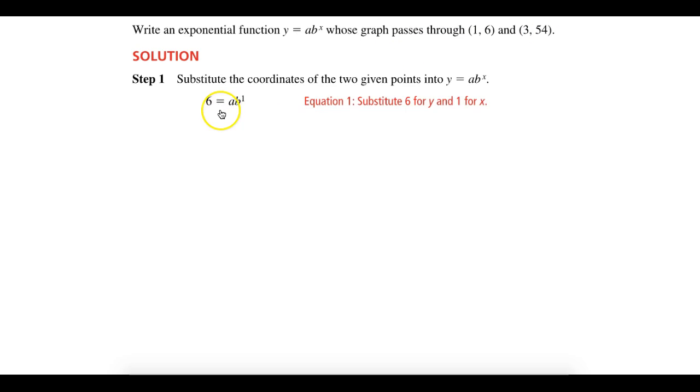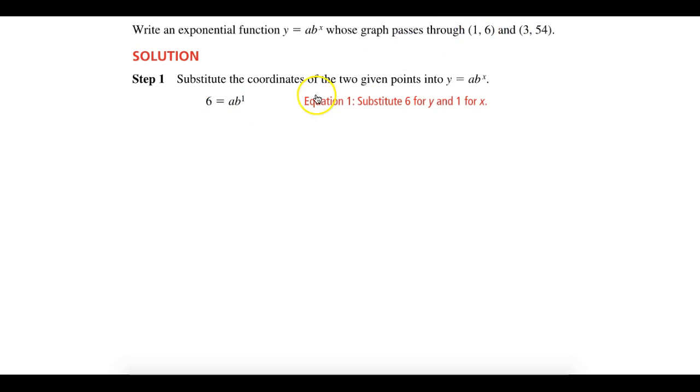The first thing we do is we're going to substitute both coordinates, both points, to get 2 different equations. So when we look at our points, we've got 1 is our x value and 6 is our y value, and then 3 is our x value and 54 is our y value. So when we substitute those into our equations, we get the following.